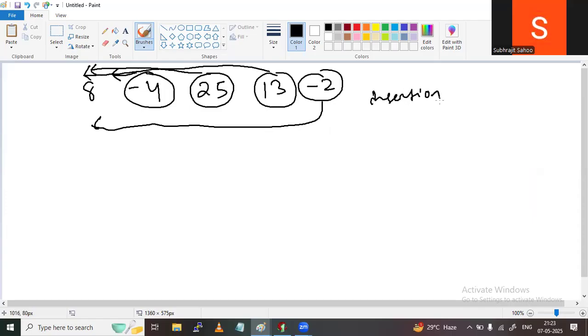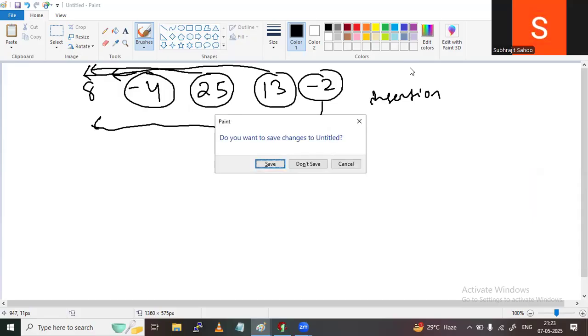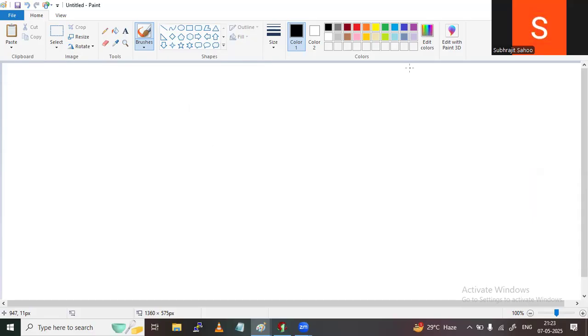By doing this, I am able to insert elements. Observe carefully, I'm going to explain the logic here. Suppose the elements are 8, minus 5, 23, 13 and minus 2. Now, sir, what is the index? Index is important: 0, 1, 2, 3, 4.